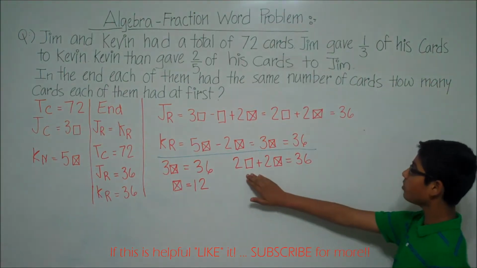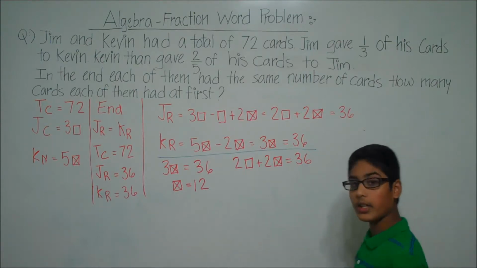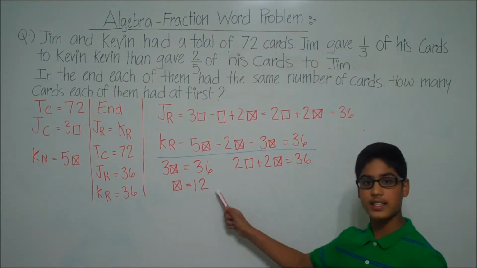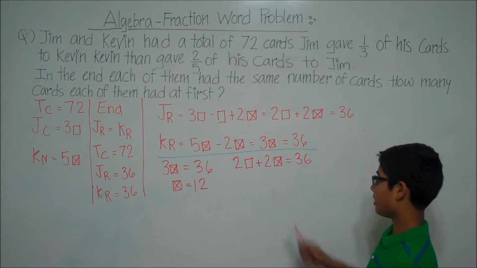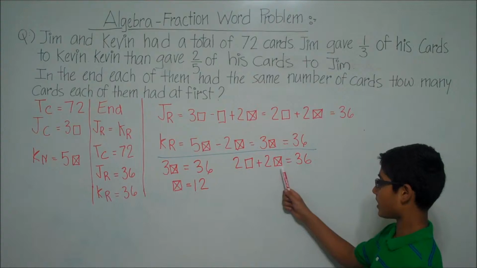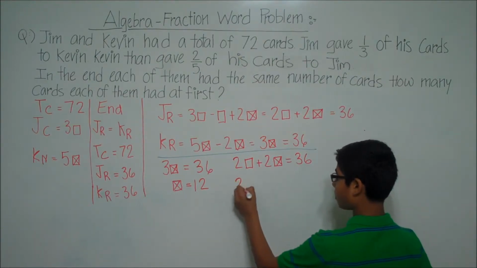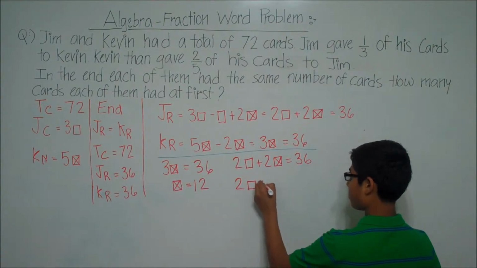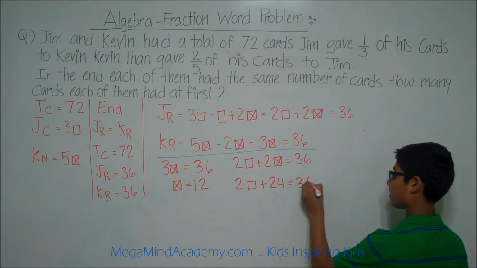So 2 units plus 2 boxes is equal to 36. Now we know that 1 box is equal to 12. So let's substitute in this equation the 2 boxes for 2 times 12. So we get 2 units plus 2 times 12, which is 24, is equal to 36.